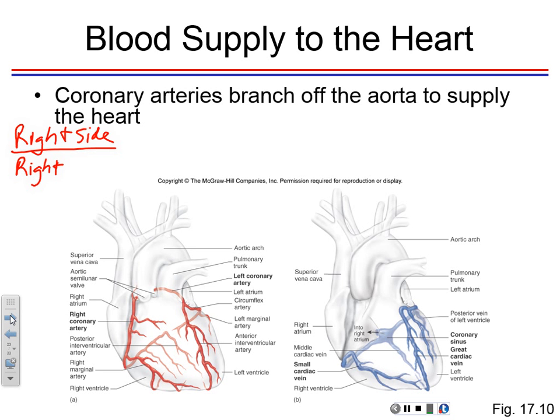Now we're doing the coronary circulation right into the heart muscle. So the right coronary artery, we're going to need the blood to go into the atria and the ventricles, right? Because we've got atrial muscles, we've got ventricular muscles. All right. So blood goes through the coronary artery. On the right side, it goes to the marginal artery.